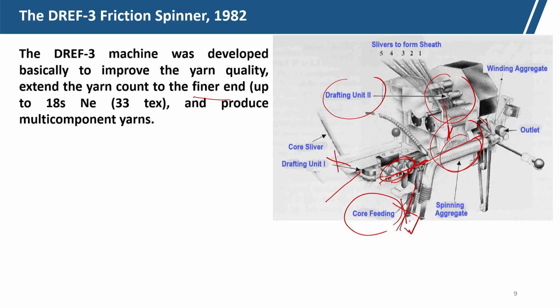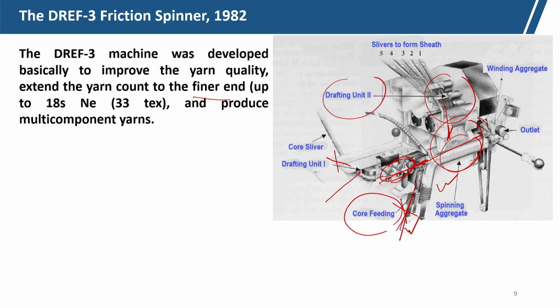So here we can produce multiple permutation combinations of yarn, and in the core we can use any filament, any continuous strand. There is no limitation, and we can produce a wide range of yarn.